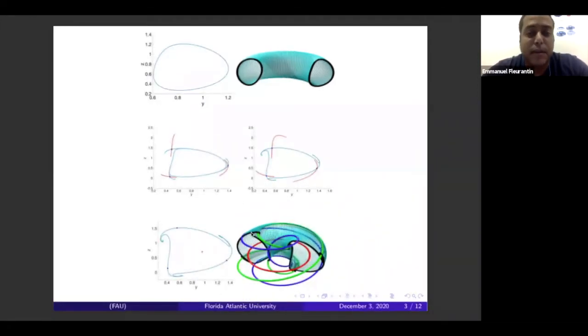In the proof that we're going to show today, we will validate this resonant tori that we see here in phase space. We call it resonant because it's the union of the stable periodic orbit, the saddle periodic orbit, and the unstable manifold of the saddle periodic orbit.